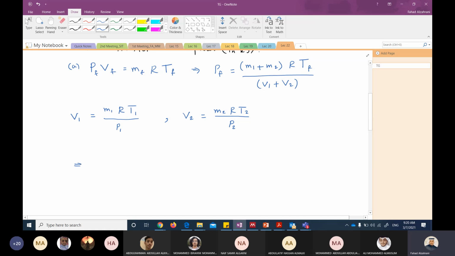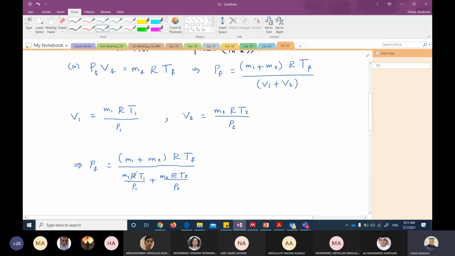So I can actually write this equation for the final pressure. Final pressure is basically M1 plus M2 times R T final, divided by M1 R T1 over P1 plus M2 R T2 over P2.